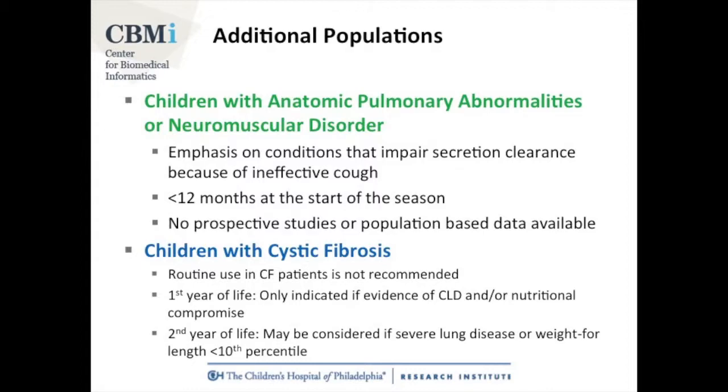And then in the second year of life, it may be considered if there is severe lung disease. And they specifically called out a definition around severe lung disease: if they had a hospitalization in the previous season for pulmonary compromise from their CF, that could rate them as having severe lung disease in that second year, or if their weight for length percentile was less than the 10th percentile.